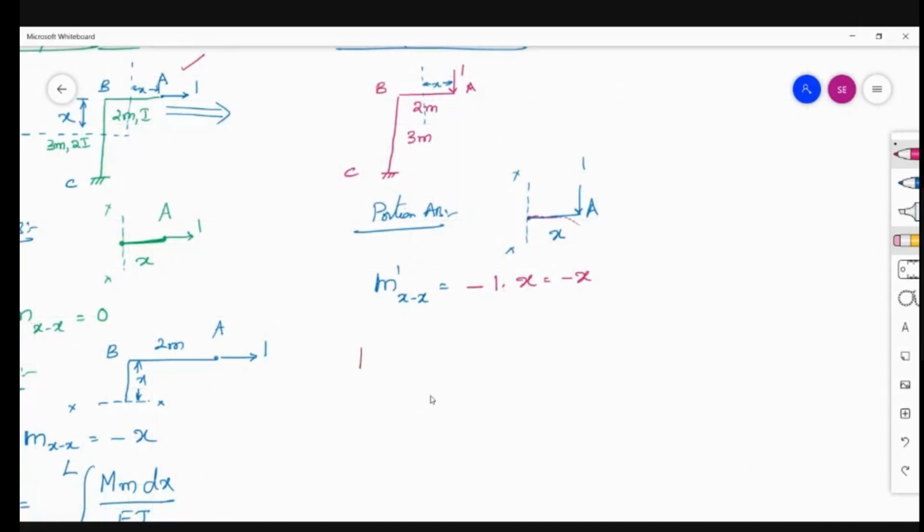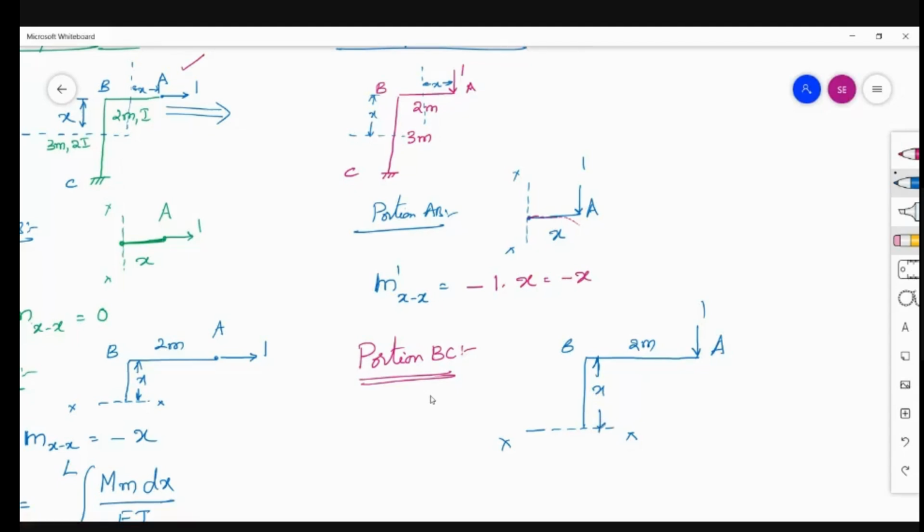Now similarly, portion BC. Once again, consider the section here, with x measured from B. So this is your section XX.